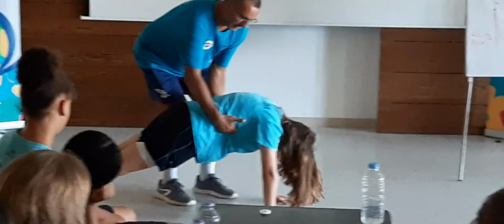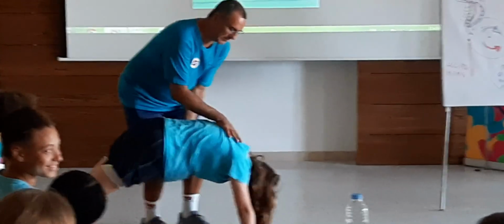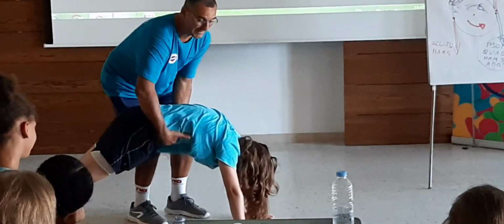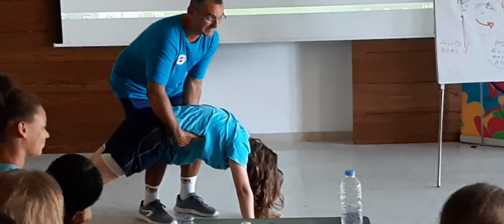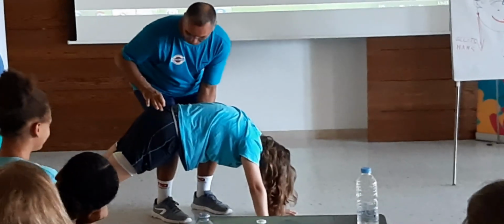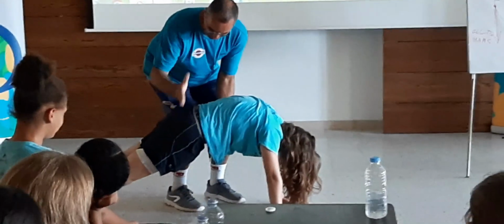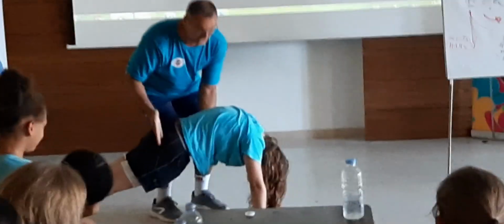So we need absolutely to curve here, because now the ribs are down and the abdominals are active. And second, we ask her to go down and now contract the gluteus, contract. She has no gluteus.